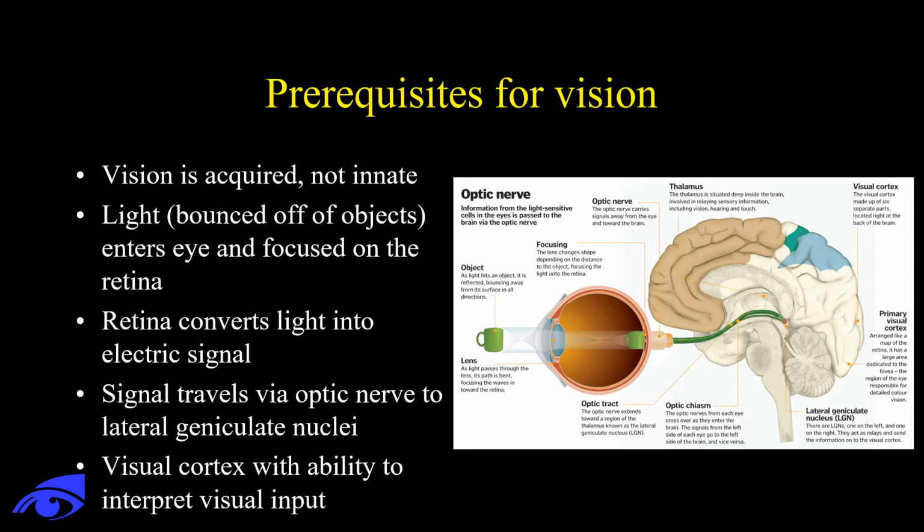The retina then converts this light signal into electric signal, and this signal is then sent to the optic disc and then travels through the optic nerve to the part of the brain called the lateral geniculate nuclei. And then this information is further sent back to the visual cortex, which then interprets the visual input.